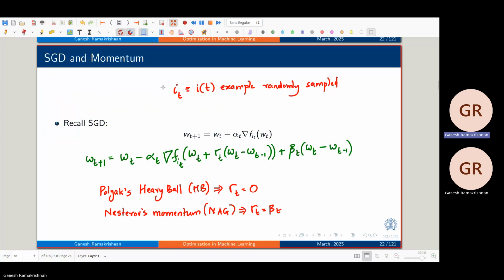So what we'll do is we'll have alpha t, but alpha t applied to f with what you see here as velocity, right? Gamma t times w t minus 1. This is the velocity, w t minus 1 is the velocity. But I have used the beta t multiplicand because, as I said, now learning rates are going to be important.